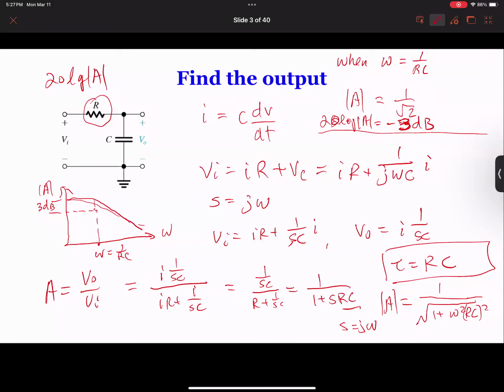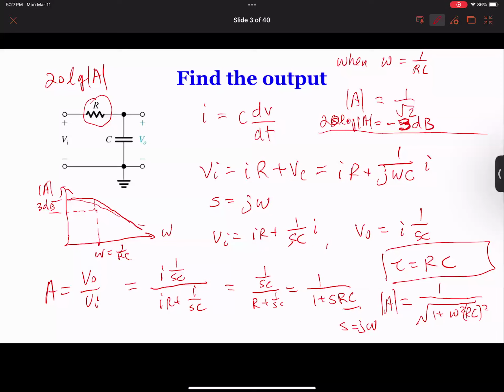So what happens when your omega keeps increasing? When omega keeps increasing, this number becomes bigger, right? And this number becoming bigger means A is becoming smaller and smaller.